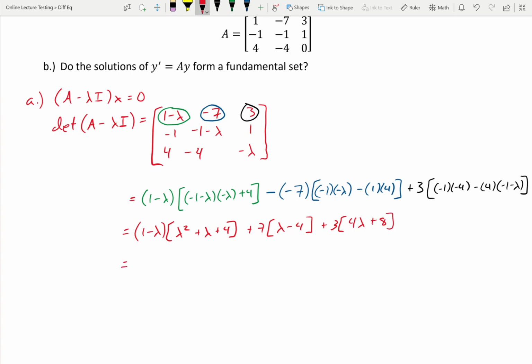We're going to multiply through. We get negative lambda cubed minus lambda squared plus lambda squared minus 4 lambda plus lambda plus 4, plus 7 lambda minus 28, plus 12 lambda plus 24.